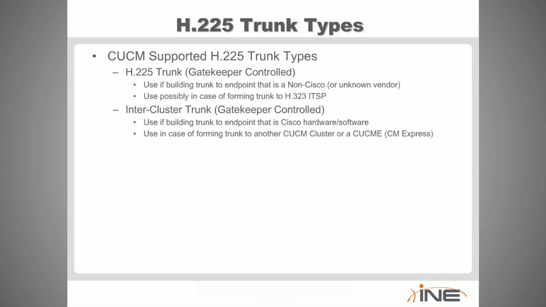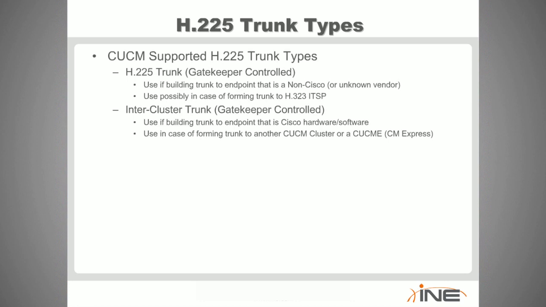And actually there is auto protocol design within CUCM that can sense if the other side is an older format. I believe it was prior to CUCM 3.1 that we needed to, between clusters, use an H.225 trunk versus an intercluster.